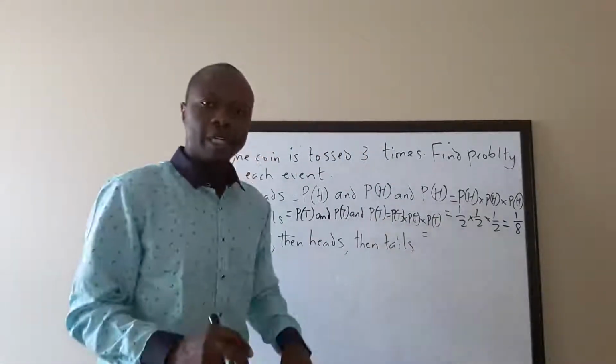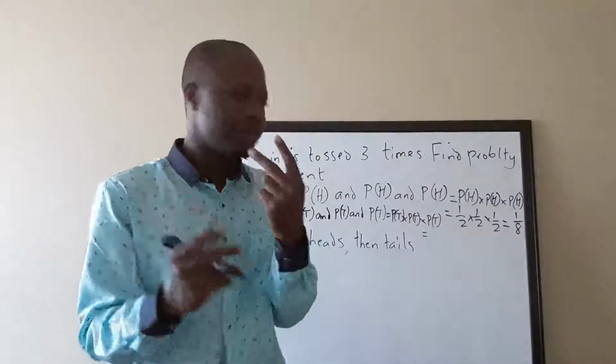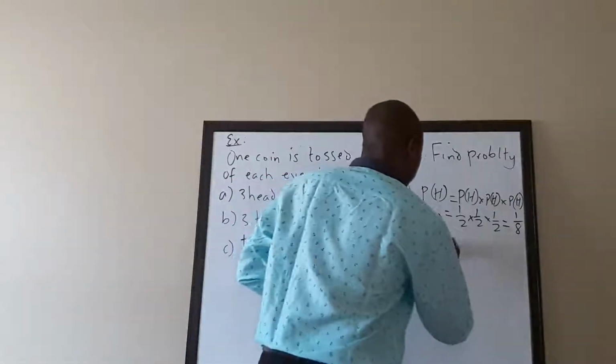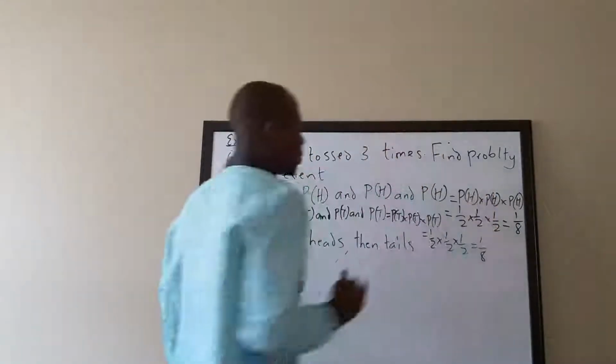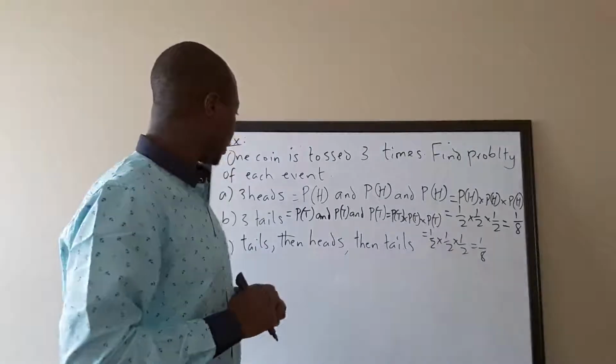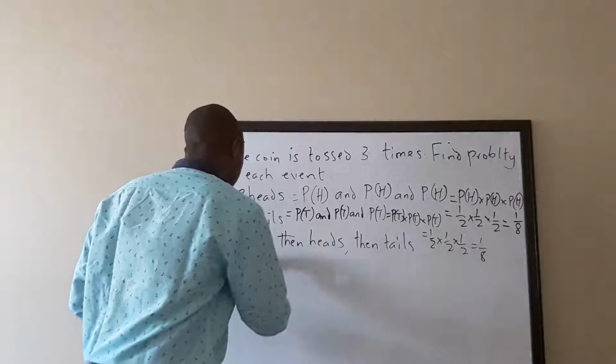So the probability of getting tail is 1 in the total possibility of 2. So 1 over 2 times 1 over 2 times 1 over 2 equals 1 over 8.